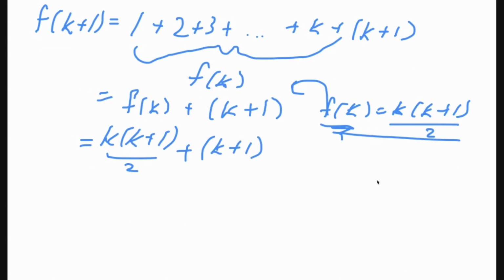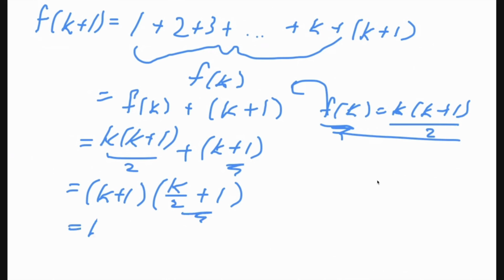Here we can notice that there's a k plus 1 in the left term and a k plus 1 in the right term. We can factor out the k plus 1. So we get (k plus 1) times what's left over, k over 2 plus 1. We can write 1 as 2 over 2, and we're left with (k plus 1) times (k over 2 plus 2 over 2), which is simply (k plus 2) over 2.